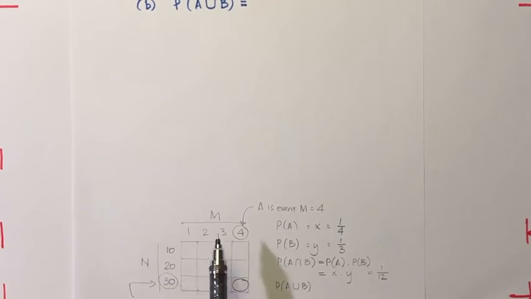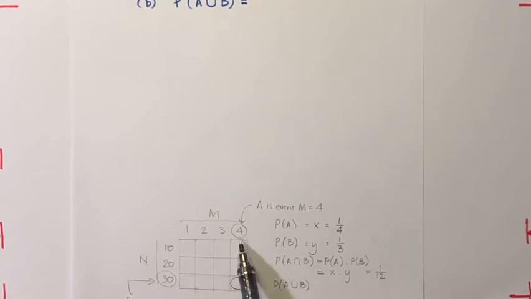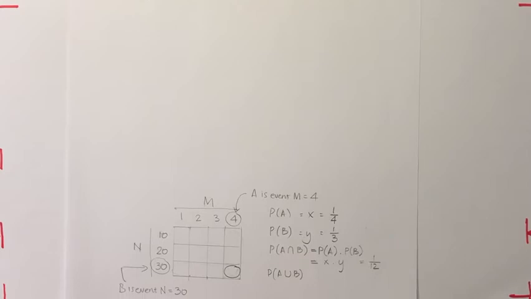Now note that M and N are independent events, because whatever M chooses doesn't influence what N chooses, and vice versa. But they are not mutually exclusive, which means this event A of M choosing 4 and N choosing 30 can happen at the same time, so they are not mutually exclusive.